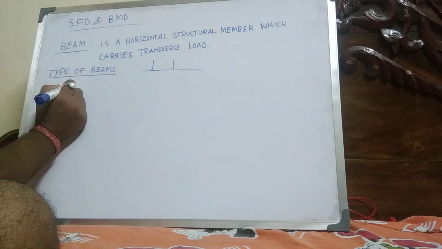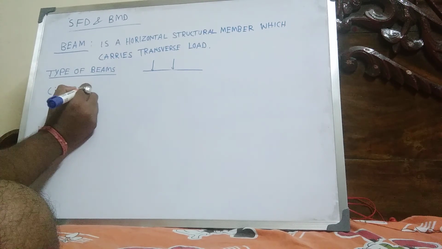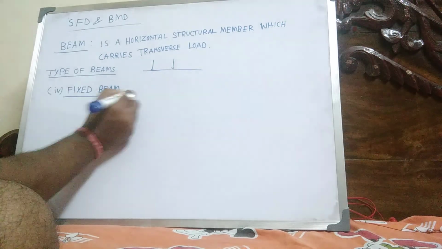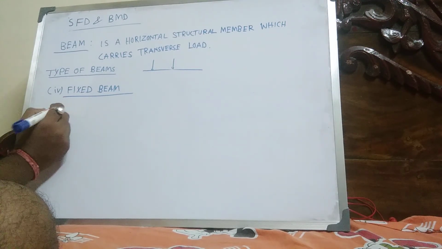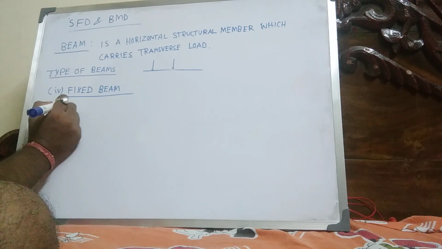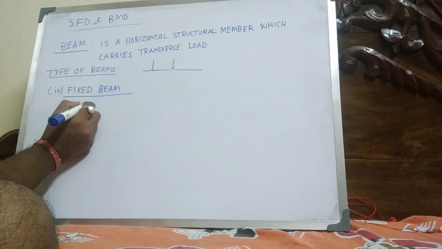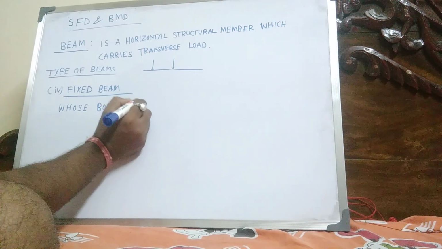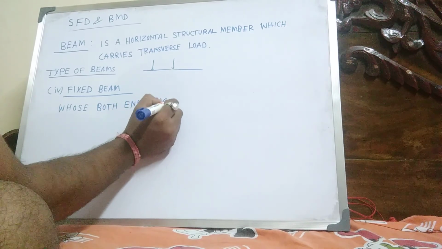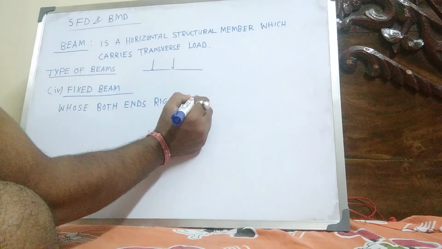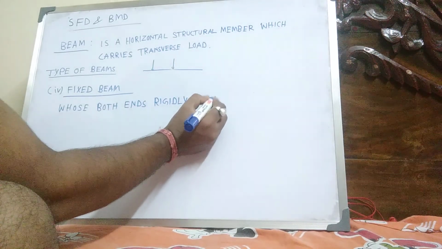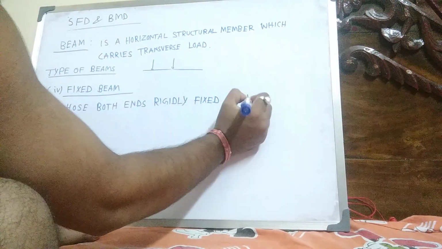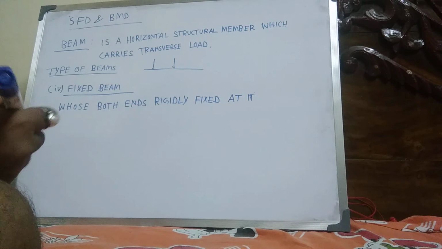Number 4, fixed beam. A beam whose both ends are rigidly fixed at its supporting wall.